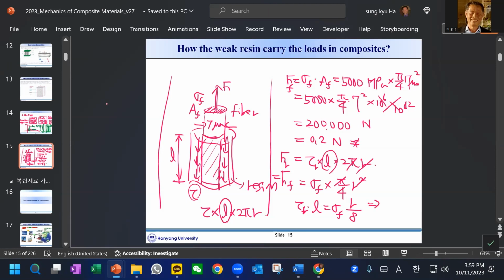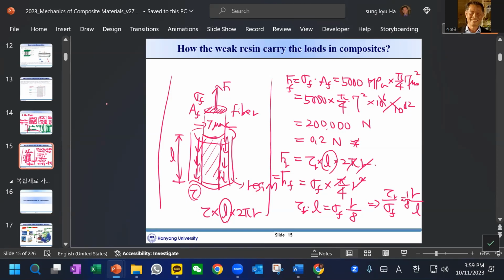So what I would like to say is the sigma F over tau R will be R over L, and there are some constants here.